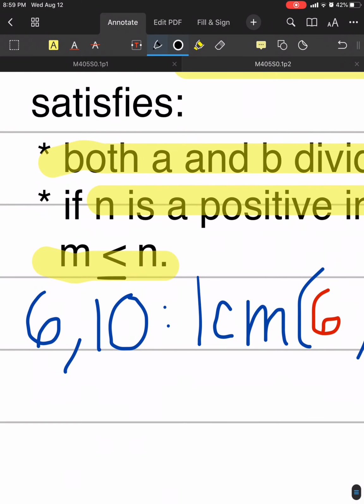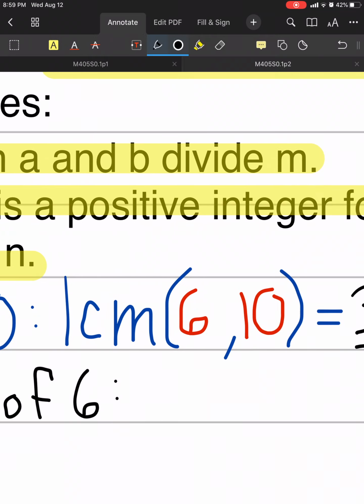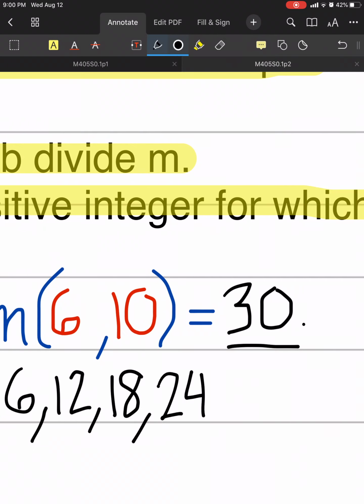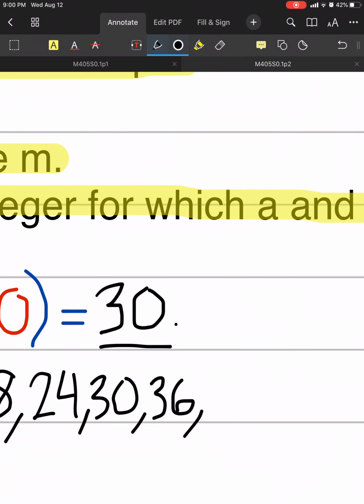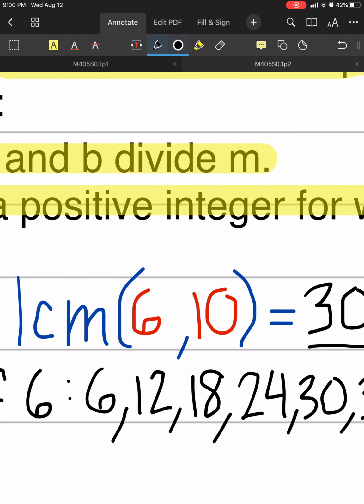So if I write out multiples of 6, I would write out here 6, 12, 18, 24, 30, 36, 42, and so on. Keeps going on forever. Doesn't matter. You don't have to write them all out. And it's a good thing because you couldn't.